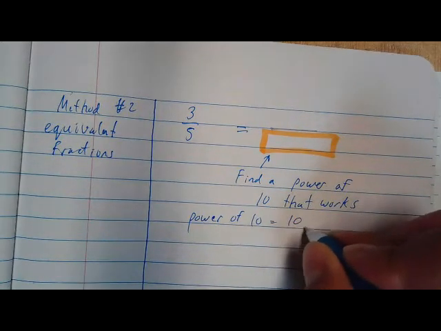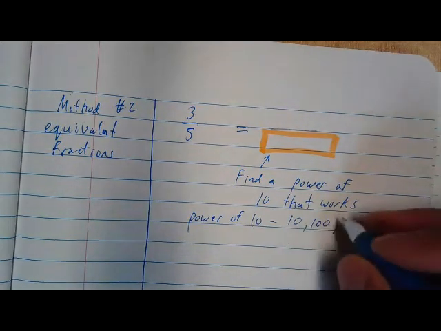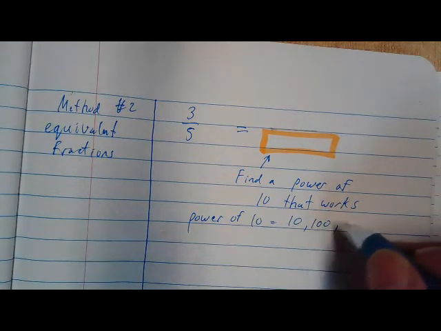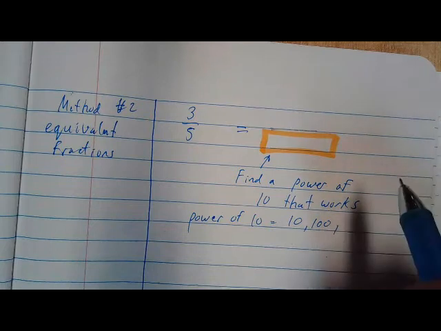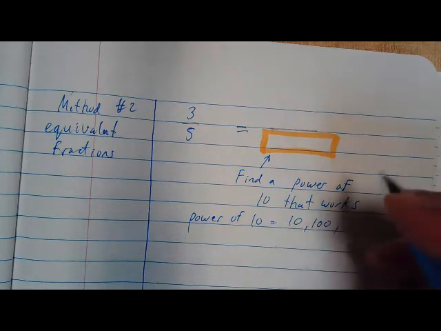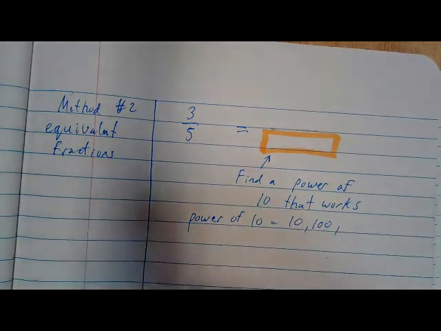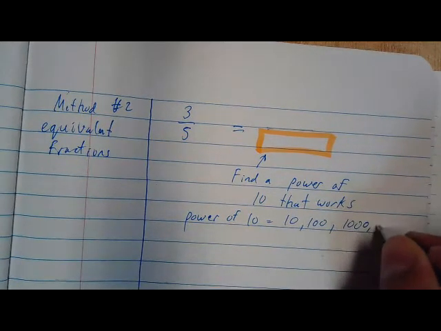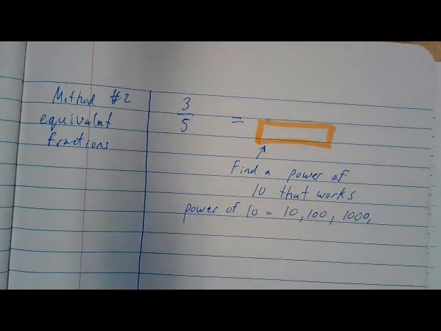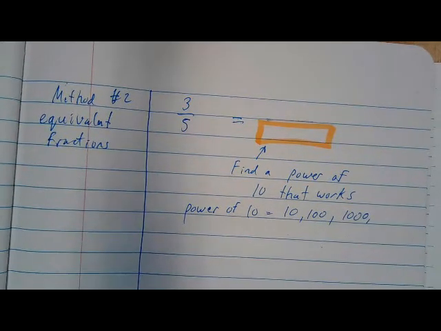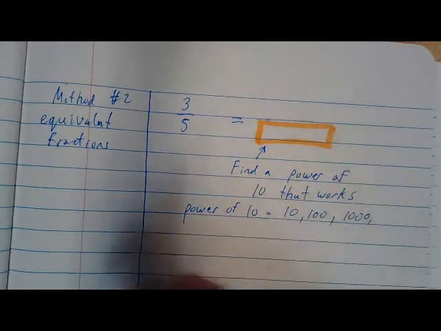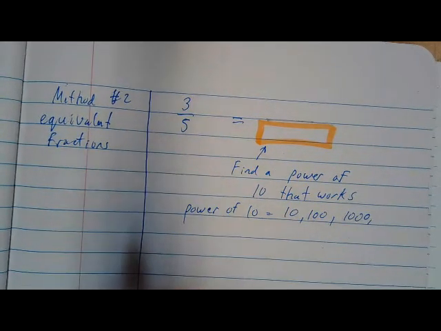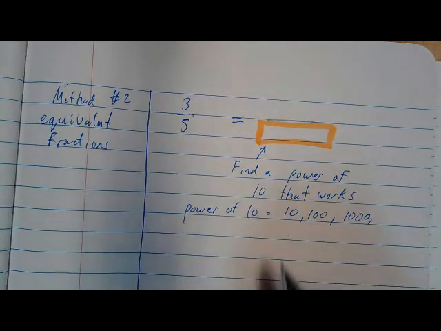You have 10, 100. Now, I would say multiples of 10, but we're not talking about 20, 40, 60, although that could work too. It depends. But leave that one for reserve just in case the other one doesn't work. 10, 100, 1,000, etc. Now, what I should have said, and I forgot to tell you this, but I'll cover it in the next lesson. Okay. I'll try 10.